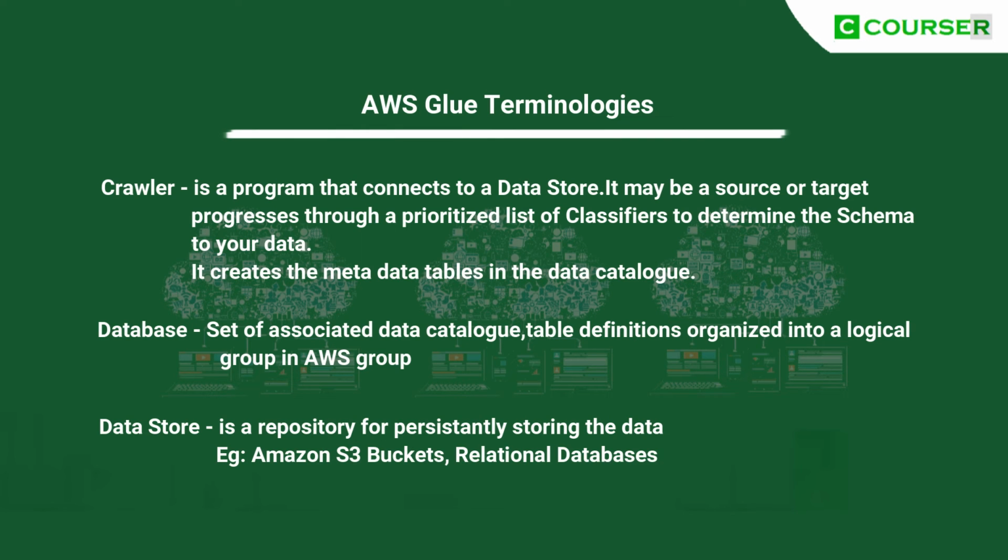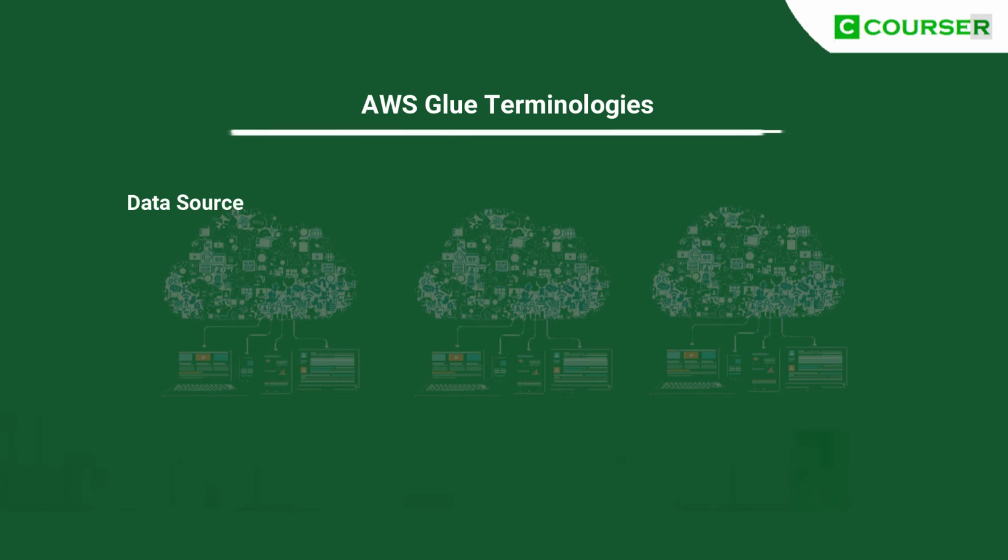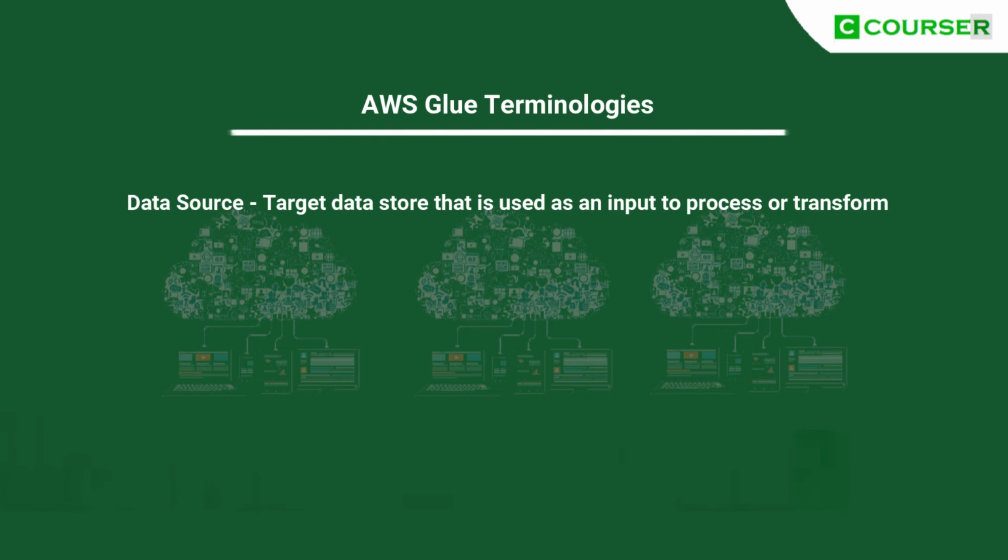A data store is a repository for persistently storing your data. For example, it is an Amazon S3 bucket or a relational database. The data source is the data store that is used as an input to process or to transform.